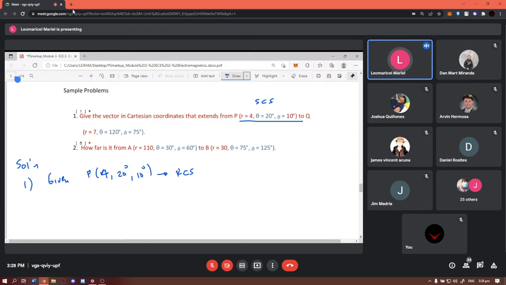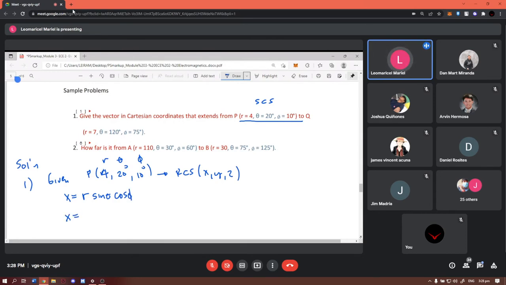Okay, paano natin yan gagawin? So that will be the R, theta, and the phi. So kailangan natin ng X, Y, and the Z coordinate. Diba? So, ang X natin, ang formula natin doon will be R sine theta cosine phi. So, ilagay nyo lang.